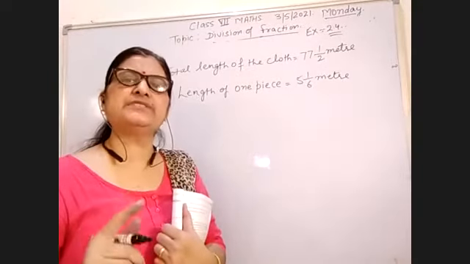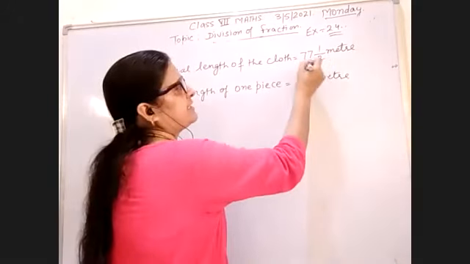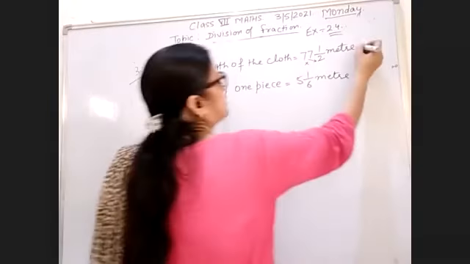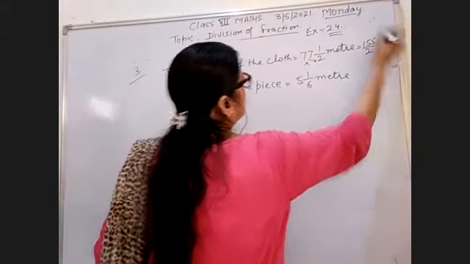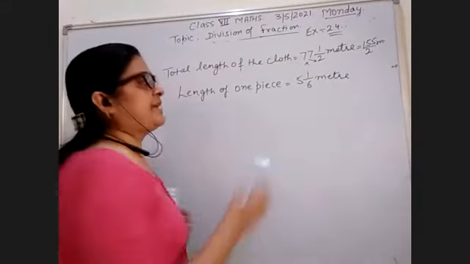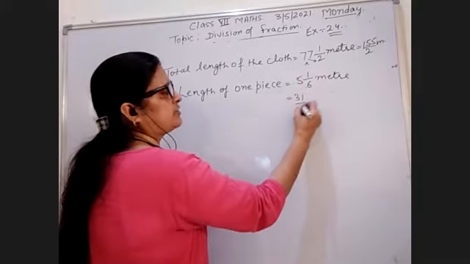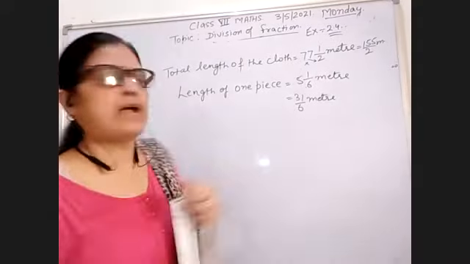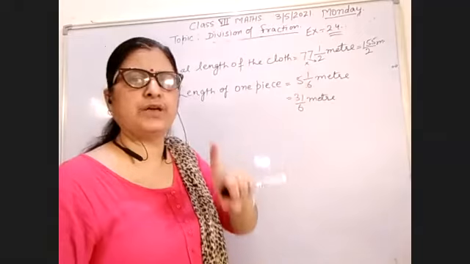You have to change them first into improper fractions. Multiply 77 by 2, it is equal to 154, and add 1, it is equal to 155/2 meter. And when you multiply 6 by 5, 30, plus 1, it is equal to 31/6 meter.